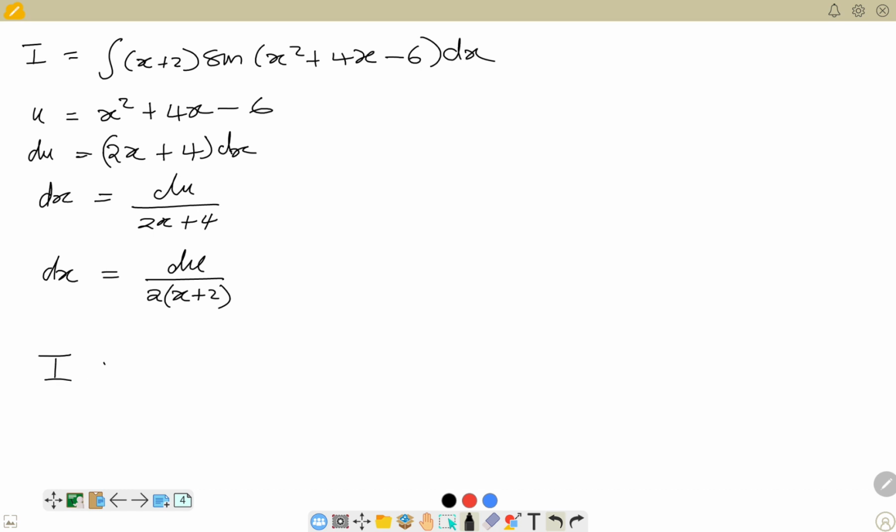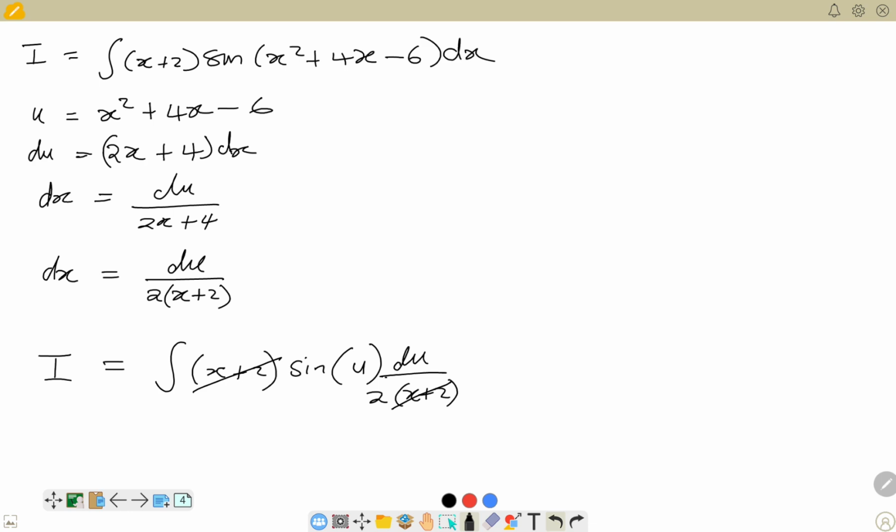Now we have I equals the integral of this x plus 2. We leave it there. And then we said that now this we replace with u, and dx is actually equal to du over 2 into (x plus 2). So we can see that this now cancels out.